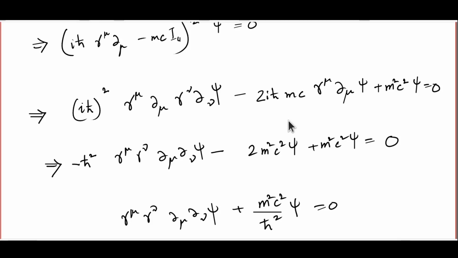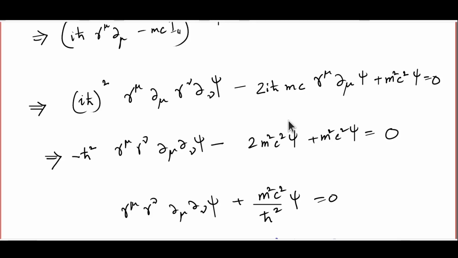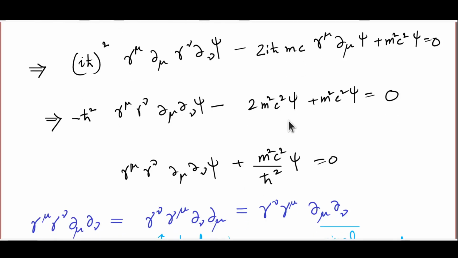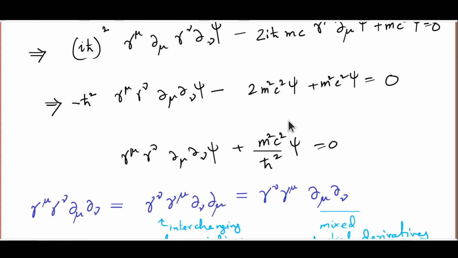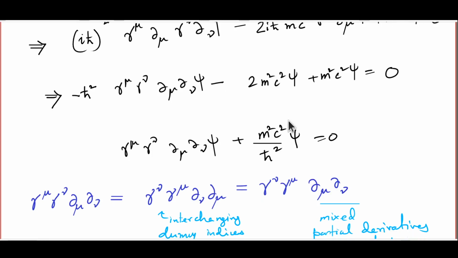This is now very similar to the Klein-Gordon equation, but what we now need to do is massage the first term, gamma mu gamma nu del mu del nu, and try to see whether we can get the D'Alembert operator out of it. Note that in this particular combination, it is a sum over both mu and nu, which are therefore dummy indices, so they can be relabeled to anything that you want. In particular, you could actually interchange mu and nu.